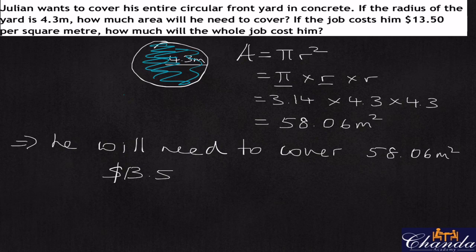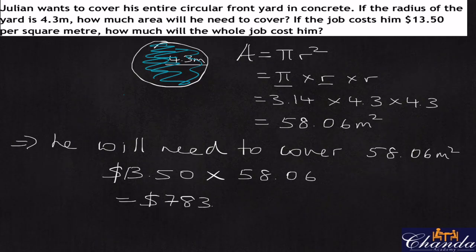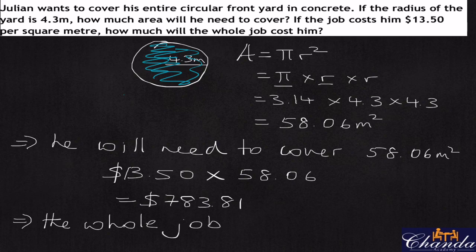So to answer this question, how much will the whole job cost him? Therefore, the whole job will cost him $783.81. So again, guys, please do answer questions in a statement form. It makes it a lot easier for the person who's marking it to really check the answer.